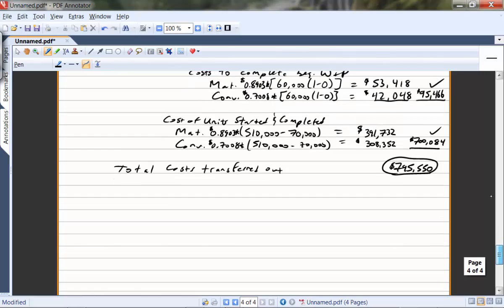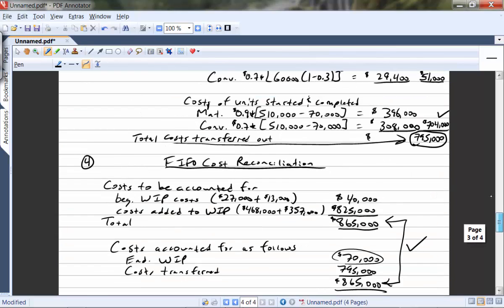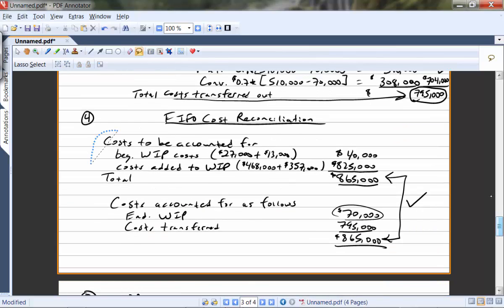And so now for part 4, for weighted average, we can do a weighted average cost reconciliation. It's going to look the same; I'm just going to copy and paste the one from FIFO and replace the numbers that will be different.